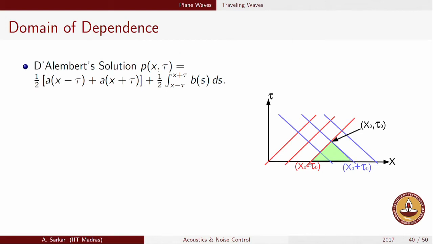So, we are tracing the response at any point in space time to some other point at time t equals 0 or tau equals 0. So, what happens at this x0, tau0 is exactly the same as what happened at the initial time tau equals 0, but at x values corresponding to x0 minus tau0 and x0 plus tau0.